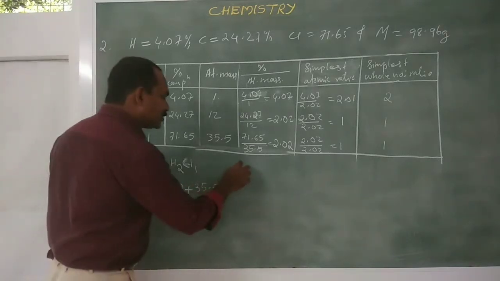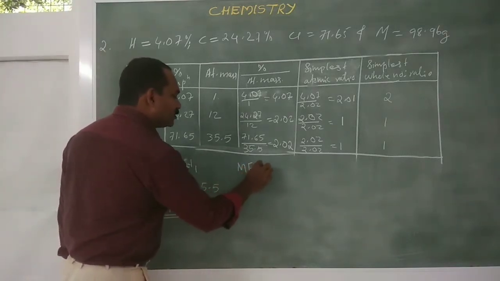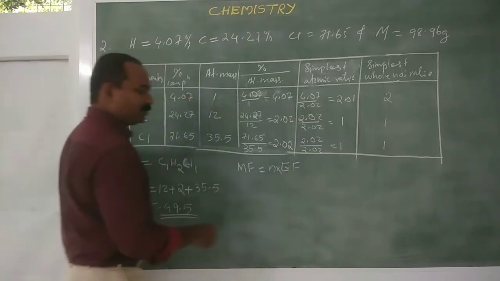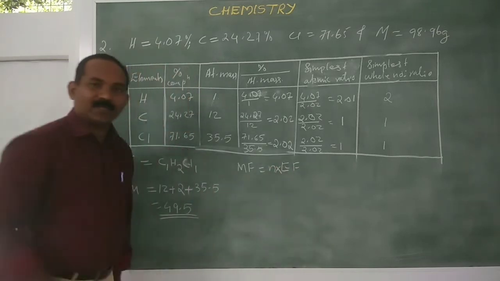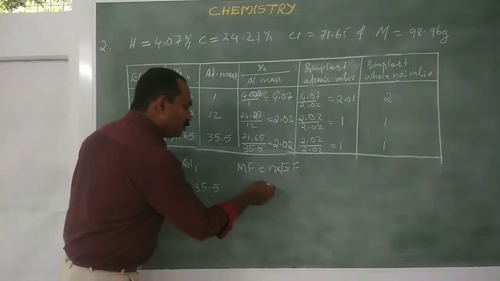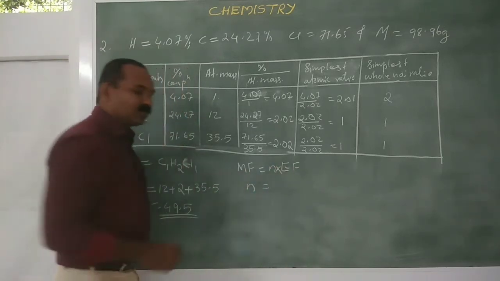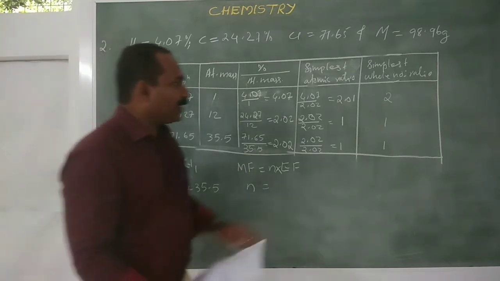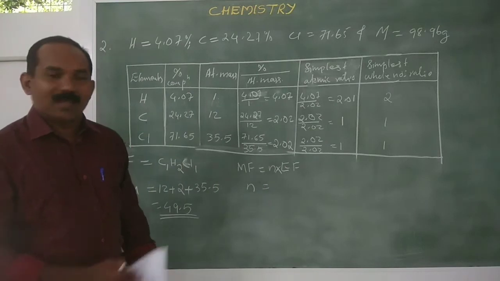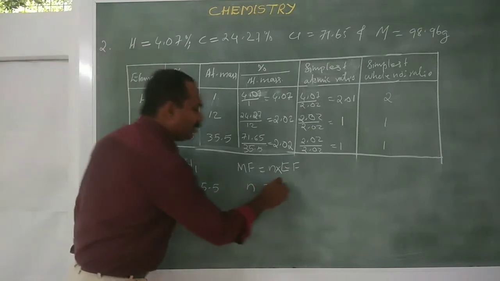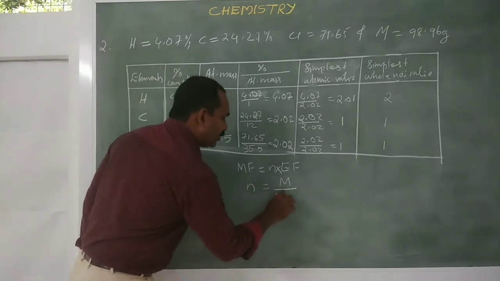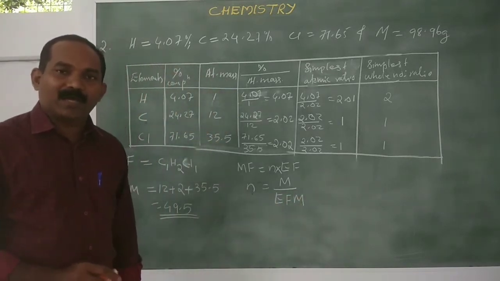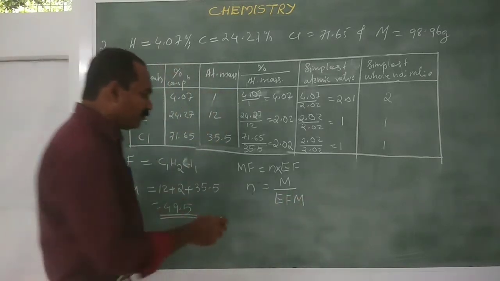Next, molecular formula is equal to n into empirical formula. So next we have to calculate n. To calculate n, molar mass or molecular mass divided by empirical formula mass.